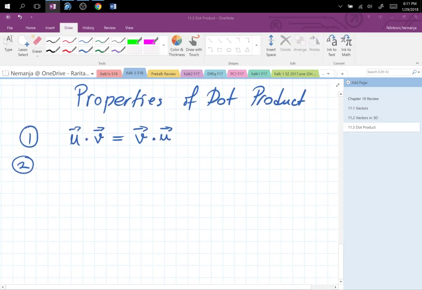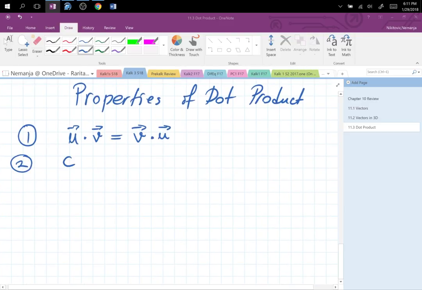The next one is the associative property, where c times u dot v: you can multiply c(u dot v), or you can go u dot cv. So that will be the associative property.